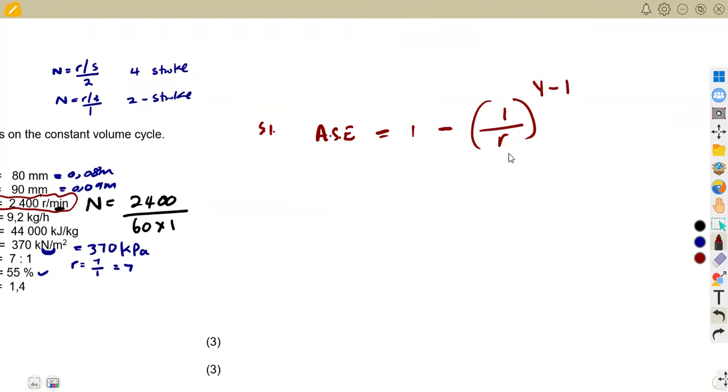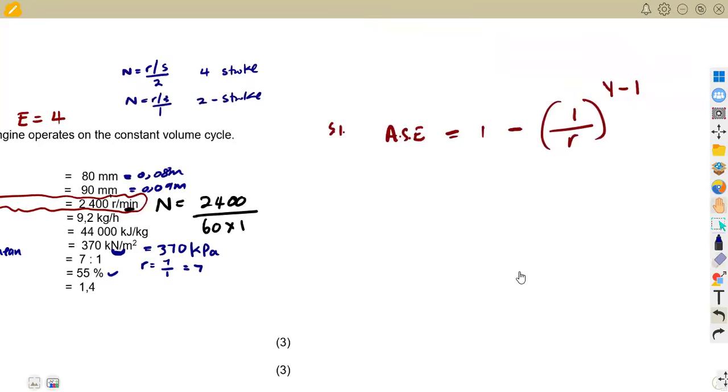In some cases, we might find conditions whereby we are given temperatures. On that condition, we use this concept, T2 over T1 is equal to R to the exponent of gamma minus 1, in our manipulations. But in this case, we are given everything directly, so we're just going to apply this formula.